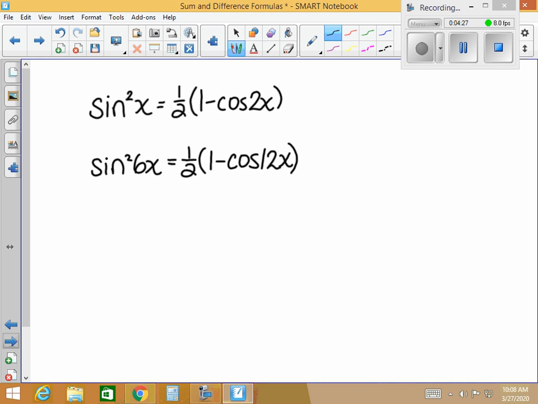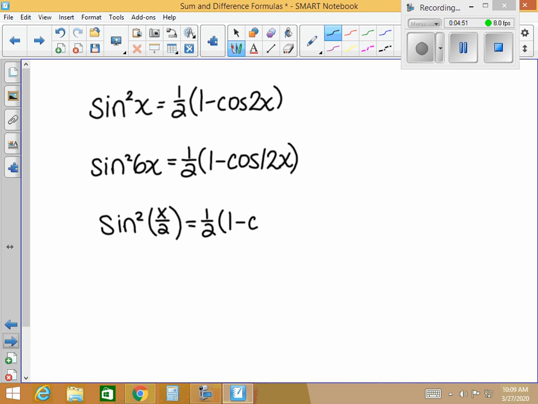I could be creative again. That's not what I want. We don't have to do this very often, but every once in a while, something special like this jumps out, and I say, well, I have sine squared. I need something to the first power.